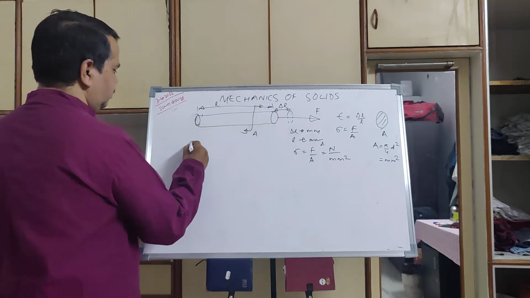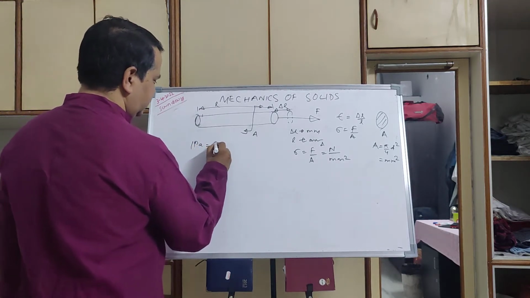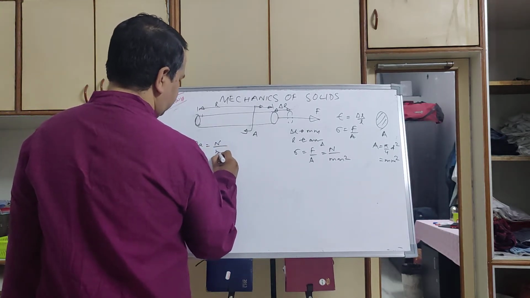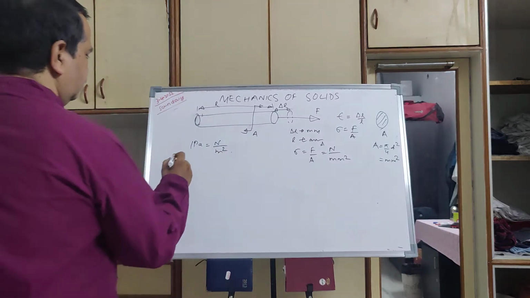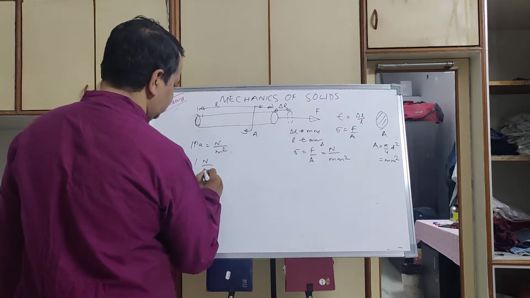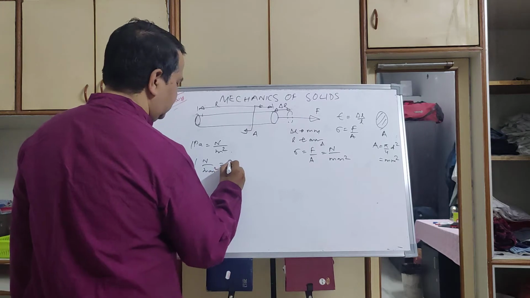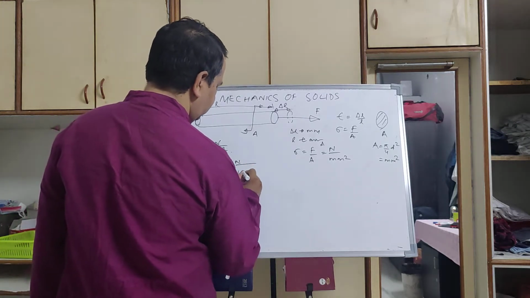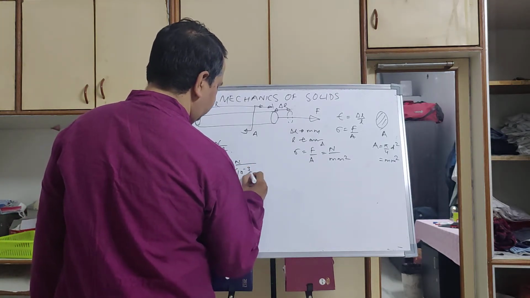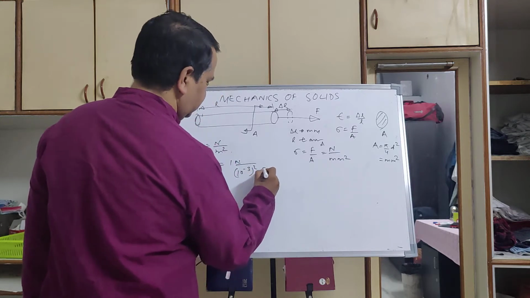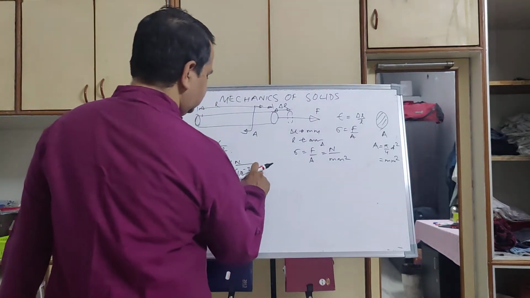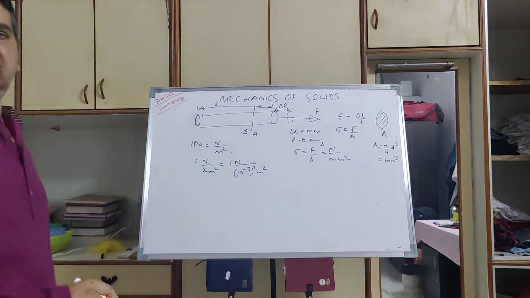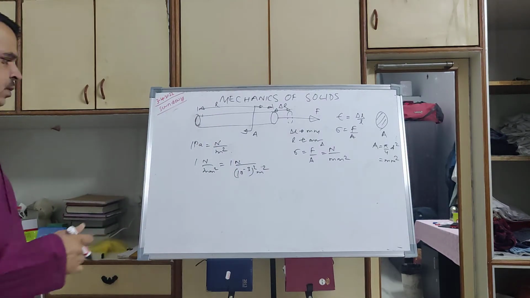And we said that 1 Pascal is equal to 1 Newton per meter square. So 1 Newton per mm square is nothing but 1 Newton divided by 10 to the power minus 3 meter, whole square, because 10 to the minus 3 converts mm into meter.